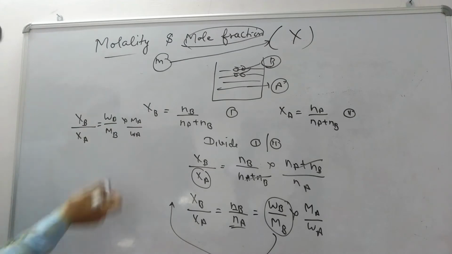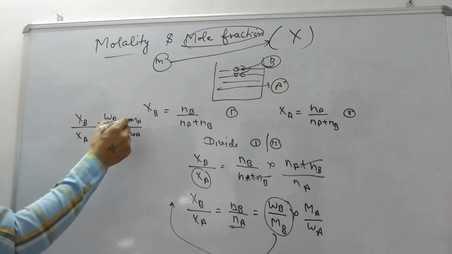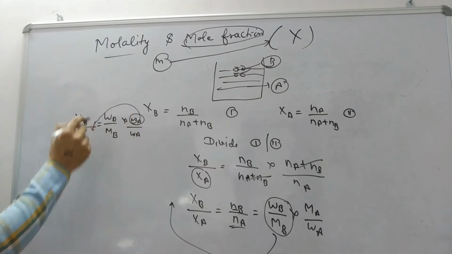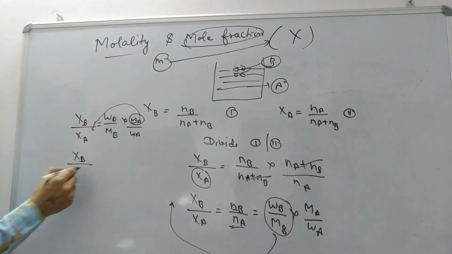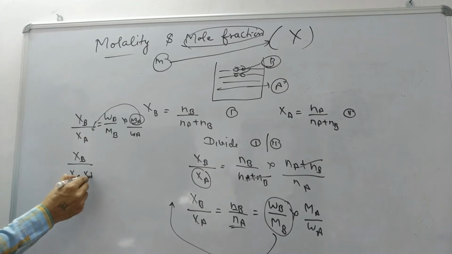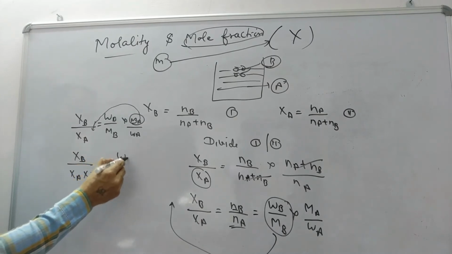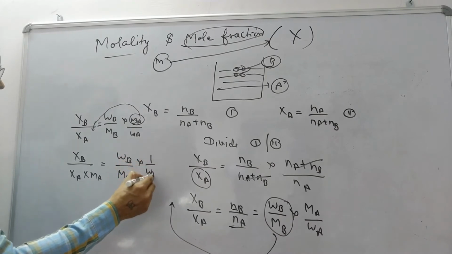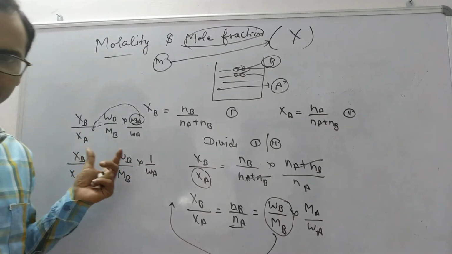But let's do a simple calculation. Ma here is multiplied, here it goes in divide. Xb by Xa into Ma equals Wb by Mb into 1 by Wa. Easy.